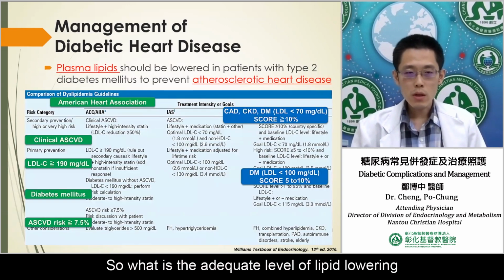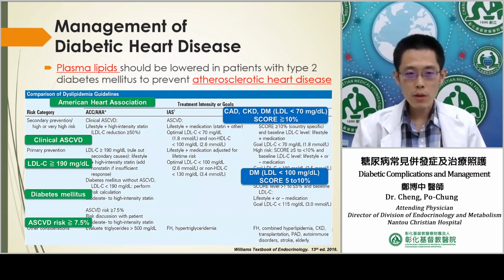So what is the adequate level of lipid lowering for patients with type 2 diabetes?